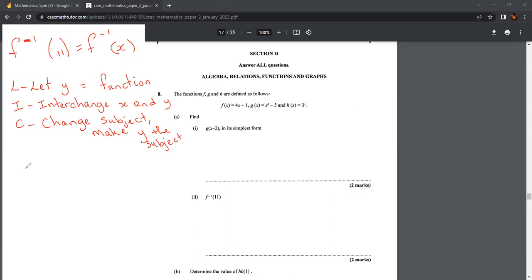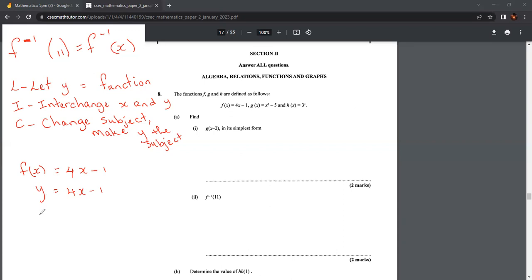All right, so I know f of x was given as 4x minus 1. My first step, it tells me to let y equal to the function. My next step, it tells me to interchange x and y.